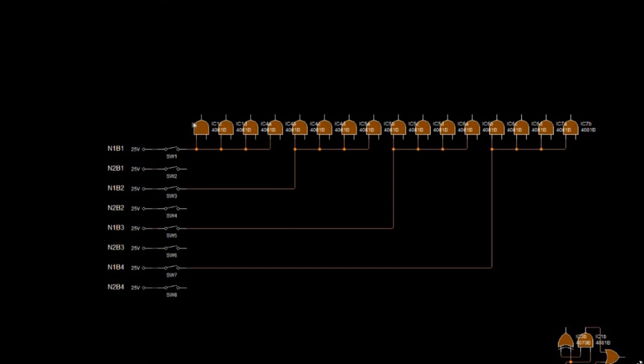So we've got the first number's bit inputs connected to the AND gates, and now we need to do the number two bit ones. We connect this one, then skip 4 to go to this one, skip 4, go to this one, skip 4 to go to this one. For bit 2 we start 1 ahead of the previous, then you just carry on skipping 4.